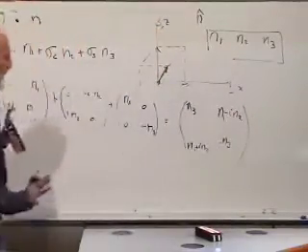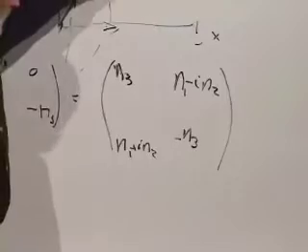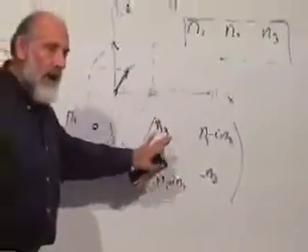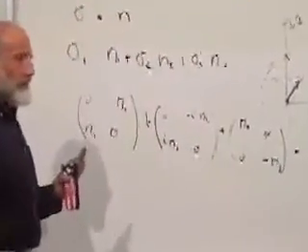These are three components, n1, n2, and n3. The sums of the squares should be equal to 1 because it's a unit vector. And here is the operator that corresponds to measuring the component of spin along the direction n.